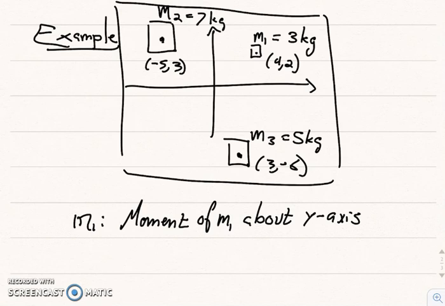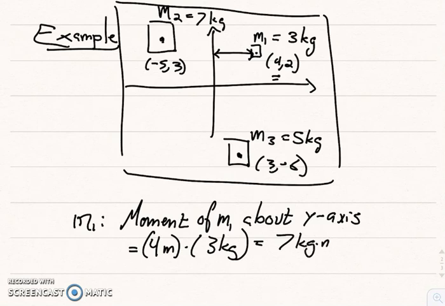So this tendency of M1 to tilt the whole system around the y-axis is defined to be the distance away from the y-axis times the mass. Now the distance away from the y-axis of M1 is precisely the x-coordinate of M1. So that's 4 meters times 3 kilograms, or 12 kilogram meters. And again, this is the tendency to rotate about the y-axis.